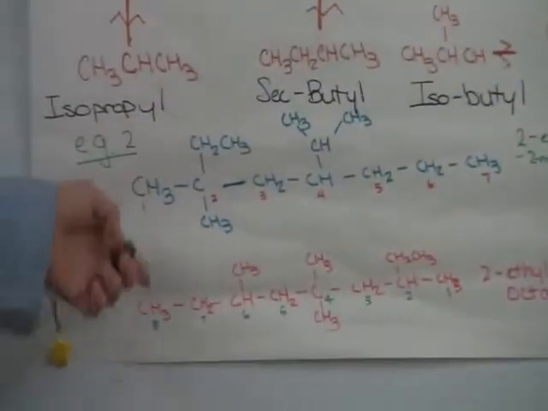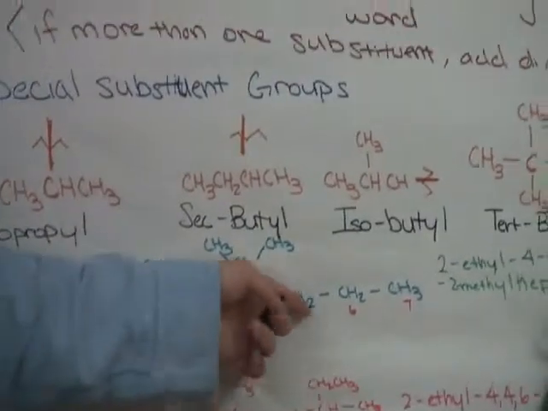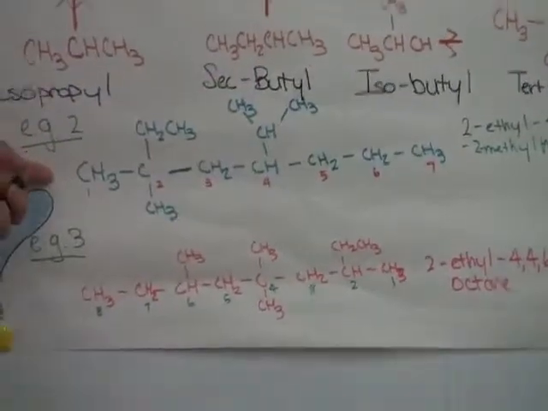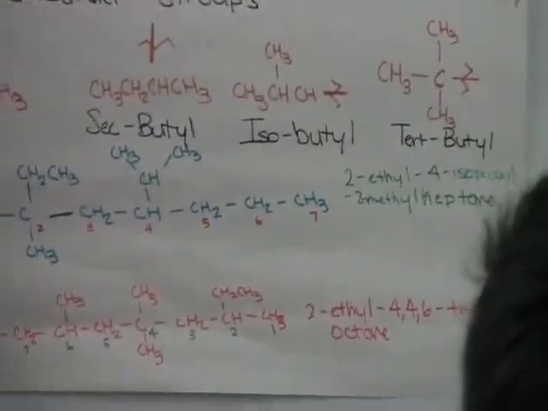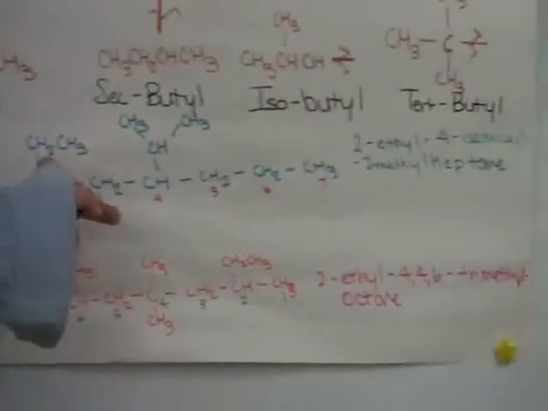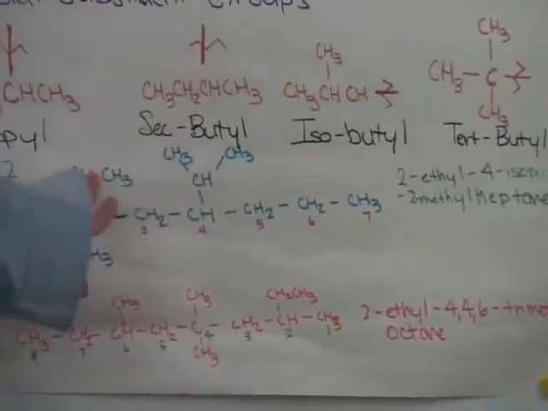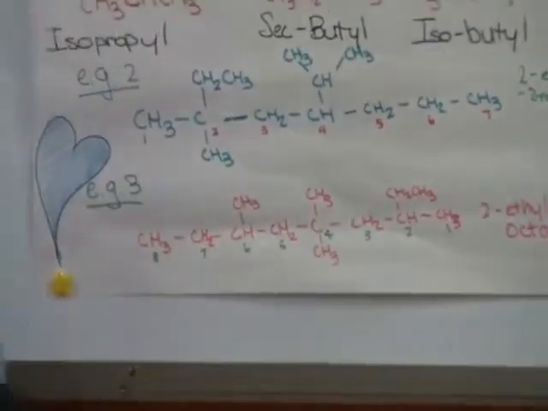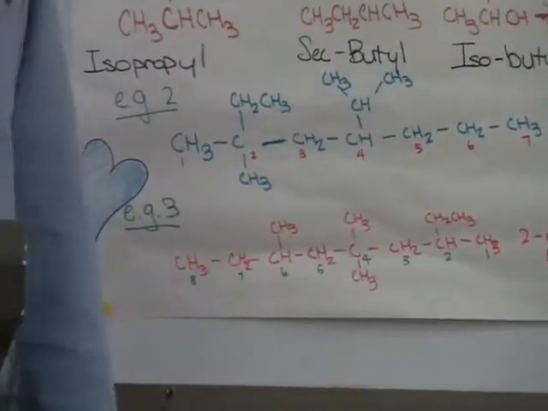So when you're naming this, you do 1, 2, 3, 4, 5, 6, 7 main carbons, so heptane. And this would be 2 here. How many carbons is it? 2 carbons, right? So 2 carbons would be an ethyl group. You guys need to just memorize this.